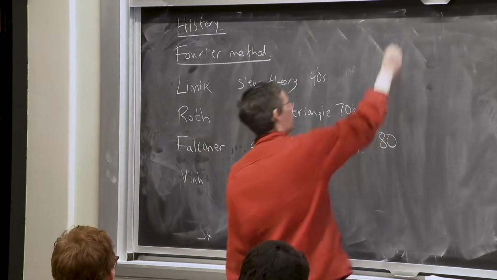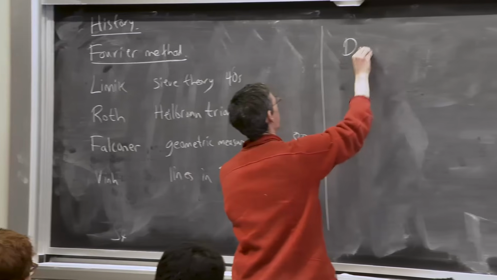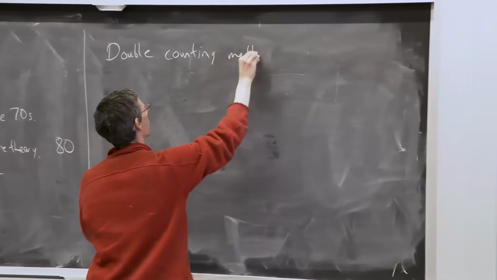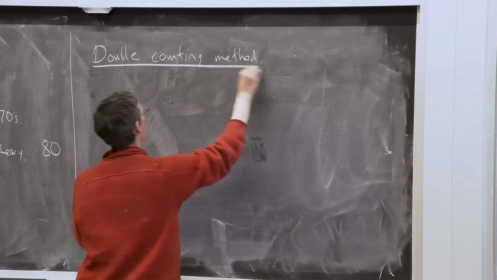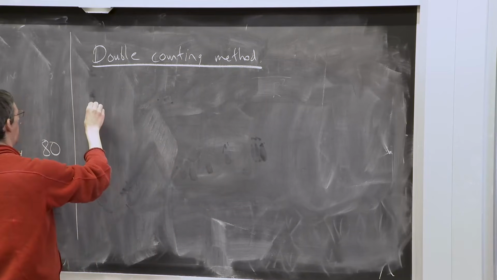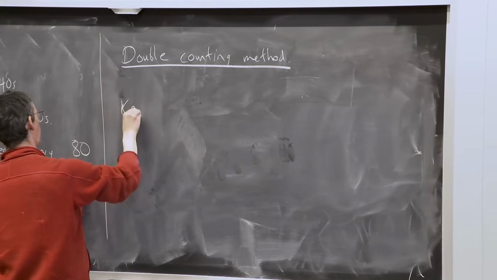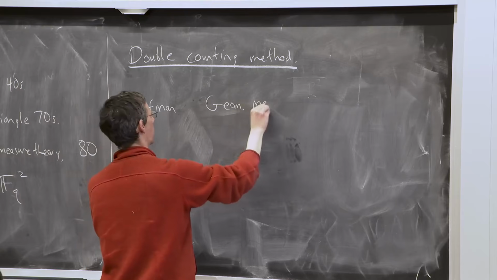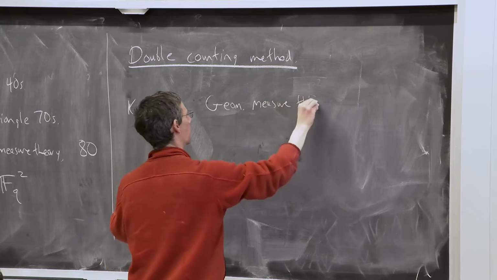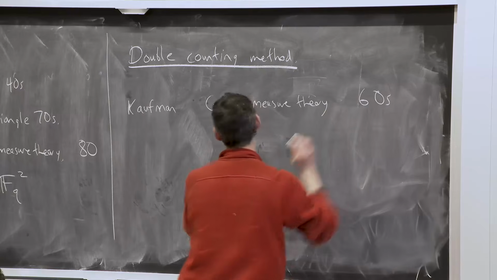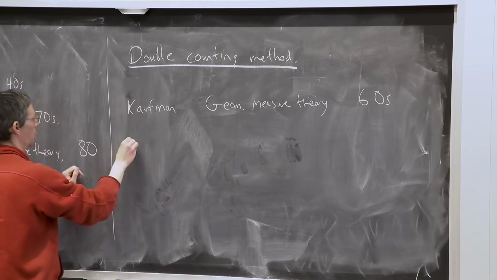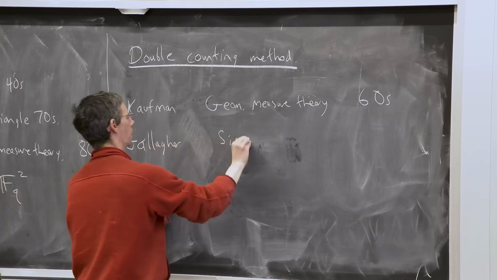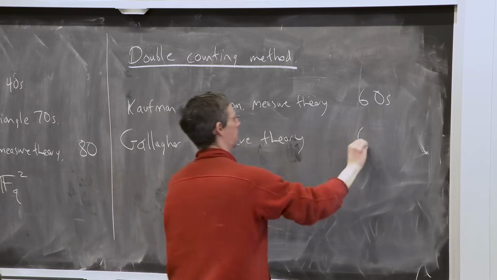We also mentioned the double counting method. The double counting method that we did was done by Kaufman in the context of geometric measure theory in the 1960s, and it was done by Gallagher in the context of sieve theory, I think also in the 1960s.